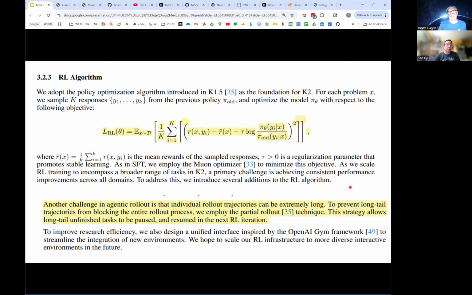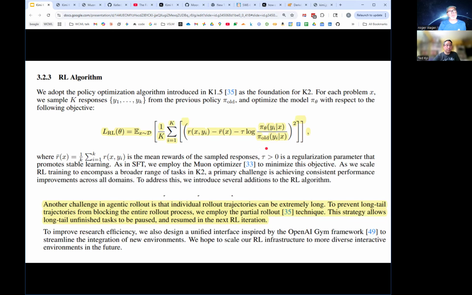And if you look here, you can see it's pi old, which just means the last step. So in that sense, this is a very different algorithm from GRPO, and I haven't even looked at the new GSPO algorithm.